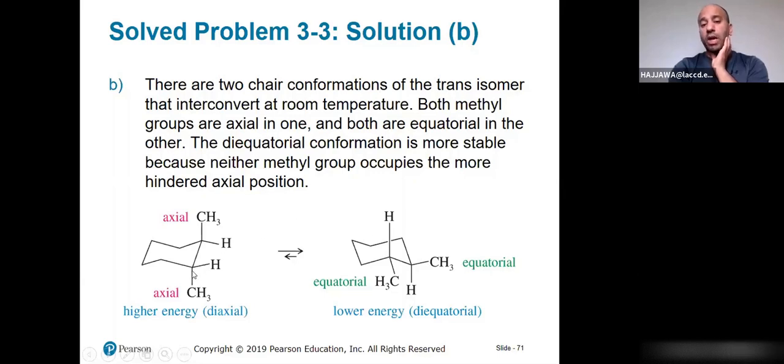If this is axial down in the first, it's going to have to go equatorial down in the second. So it's important to keep this in mind, that whatever axial position group on the first one is going to have to go equatorial position, same direction, up, up. If it's axial position down, it's going to also go down, but equatorial this time.